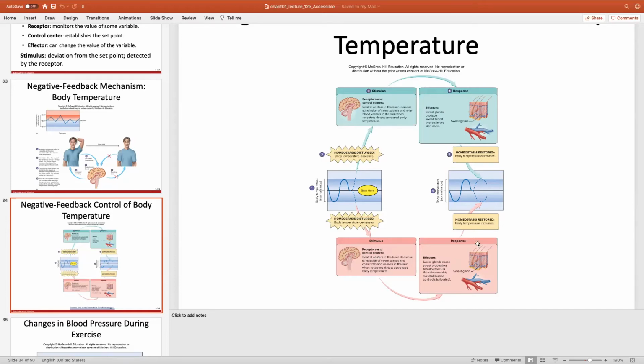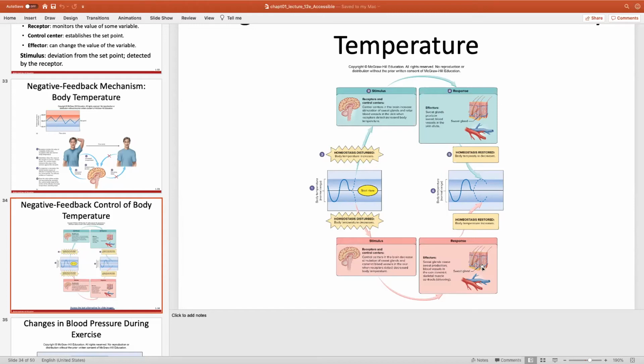What it does do is it stops sweating, right? And it vasoconstricts the blood vessels next to your skin. There's a limit though. If you completely vasoconstrict, that means you have no blood flow in that area. That part of the skin will die if there's no blood flow. So we don't want it to get too cold, because if it does get too cold, right, we stop all blood flow going to that region of exposed skin.